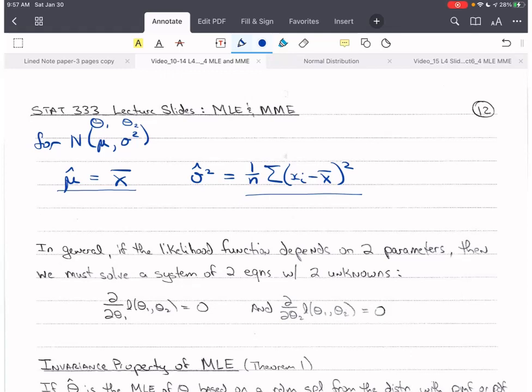To do this, we had to solve a system of two equations with two unknowns, and that's because we had two parameters. If we have three parameters, then we'd have three equations and three unknowns, and then we might want to consider using a matrix or some other nice system to solve for the parameter values.